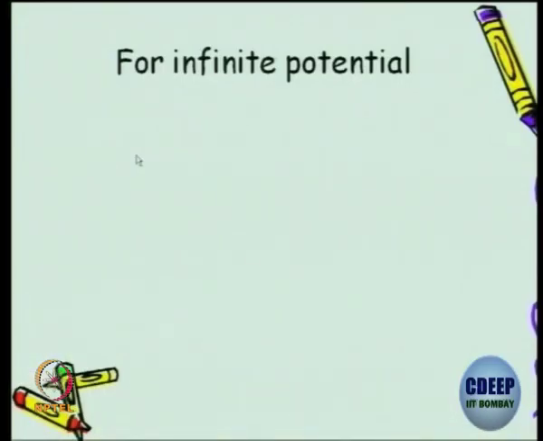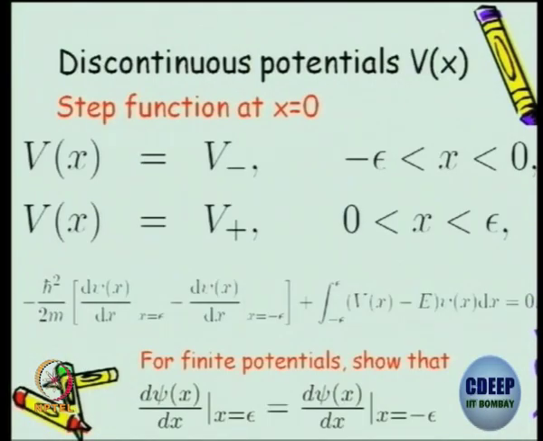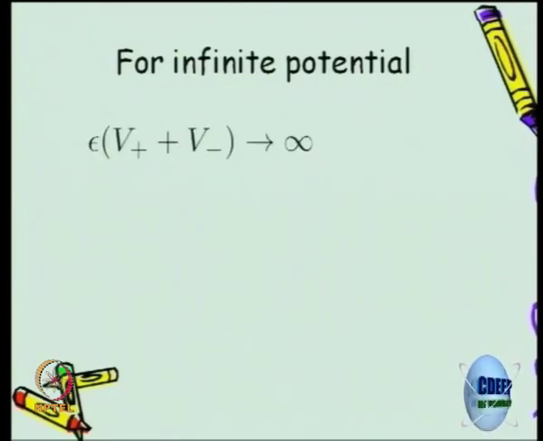For infinite potential, suppose in some region you make it infinite, even if V plus is 0 and you make V minus infinity, even then there is a problem because there will be an infinity multiplying a 0, and you have to be careful when you have 0 multiplying infinities.